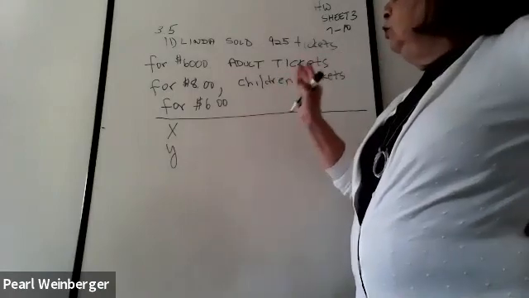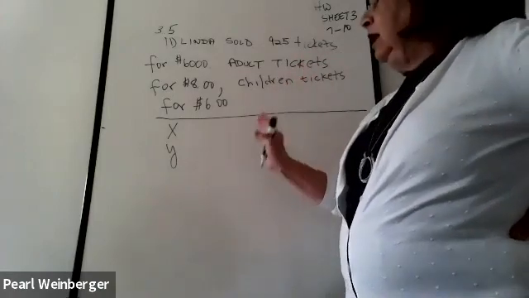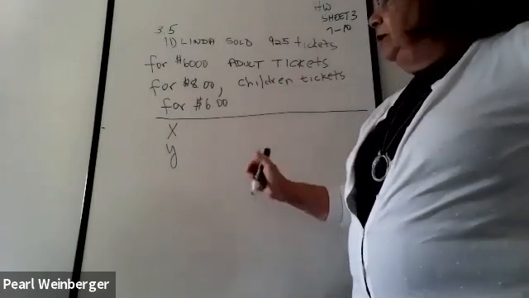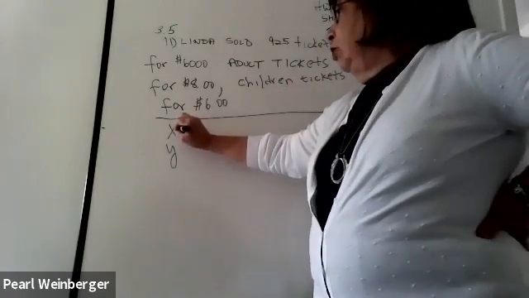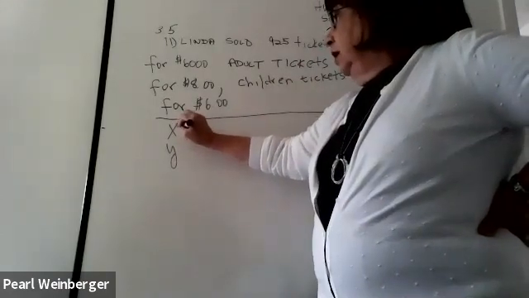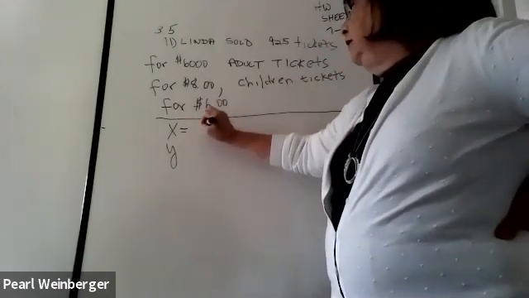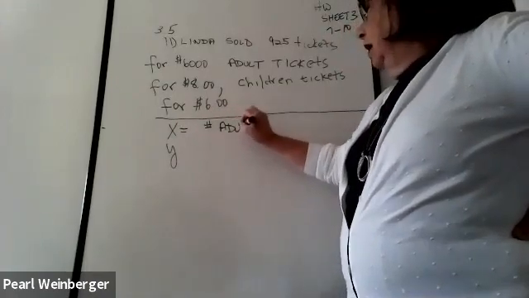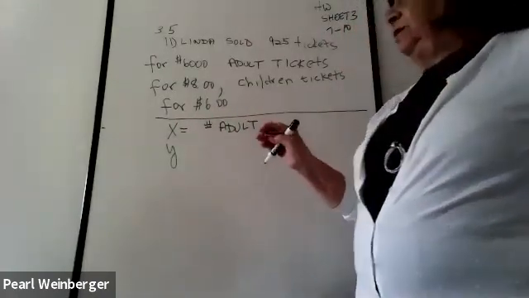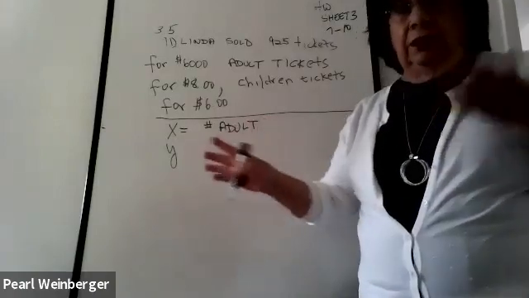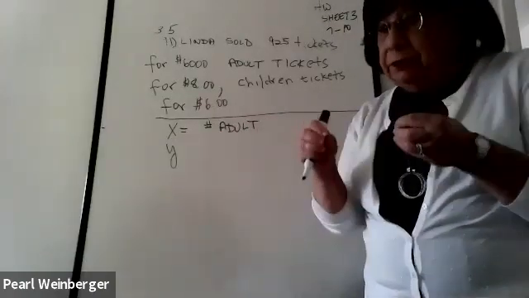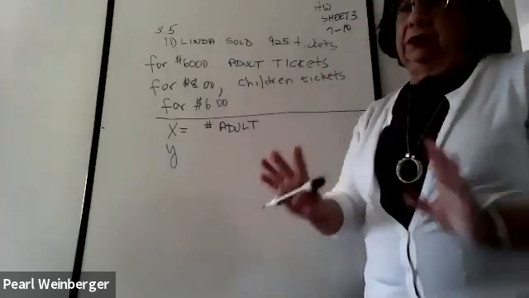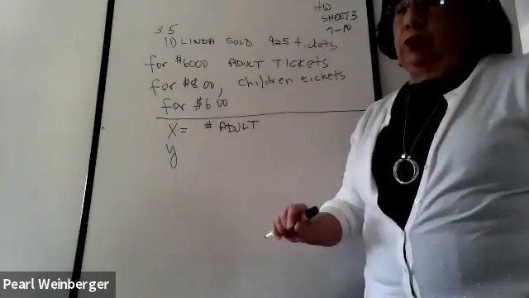So the question was, how many of each type of ticket did she sell? So let's call X the number of adult tickets that she sold. I'm not writing just adult tickets because there are a lot of things that adult tickets could mean. I'm being specific. How many adult tickets did she sell? That's one question.